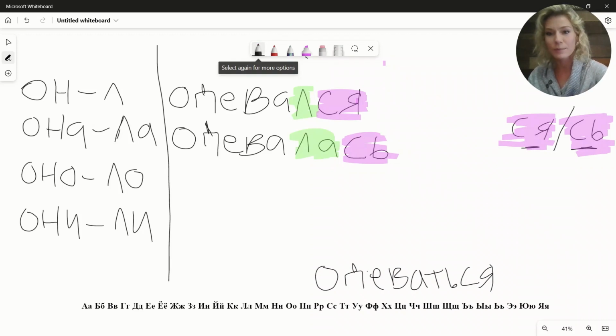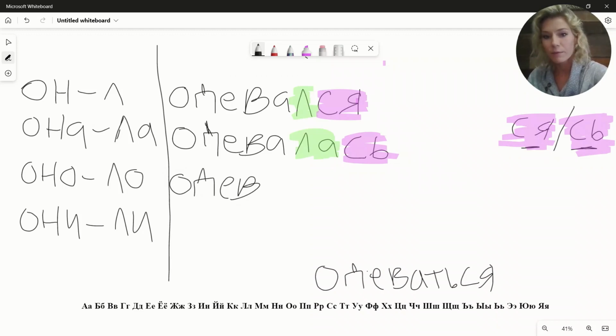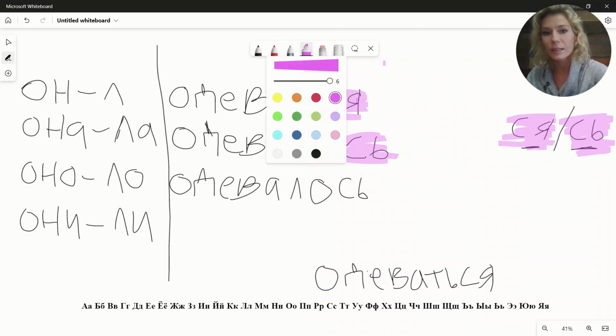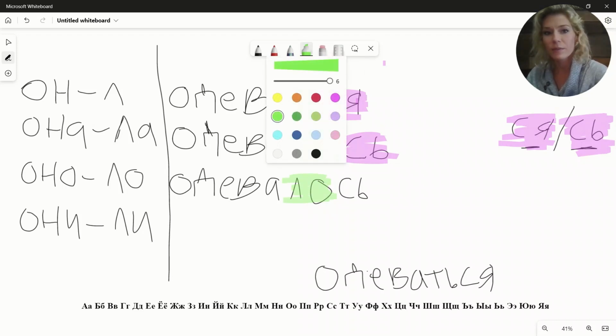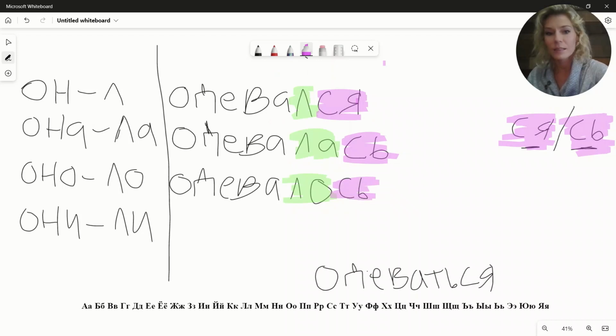Let's go to оно. Оно одевалось. Okay, so here we have the ending ло, and then with the additional reflexive ending сь with the soft sign.